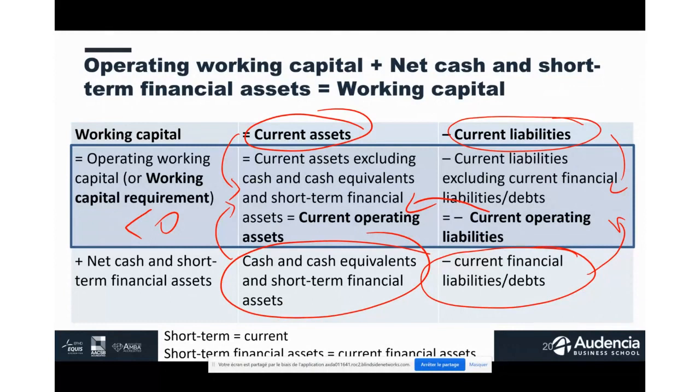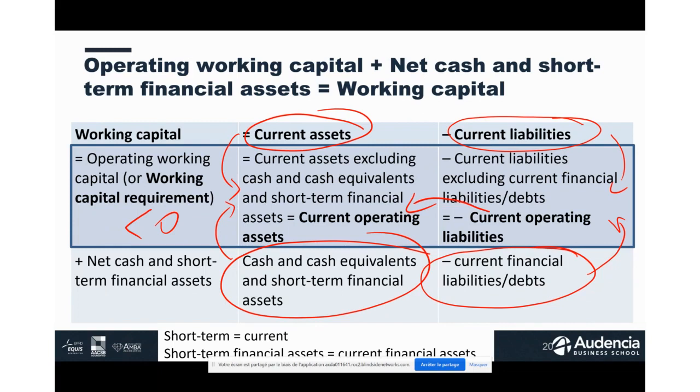And you say to the suppliers, give me the raw materials, the components, only at the moment I need it. So you reduce your components inventories, your raw material inventories to the minimum. So because of this power, you can reduce the current operating assets and you can increase the current operating liabilities.